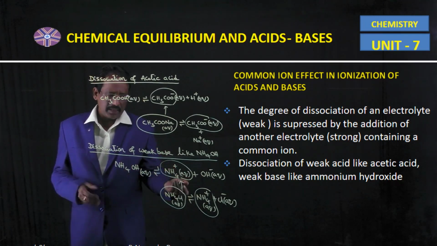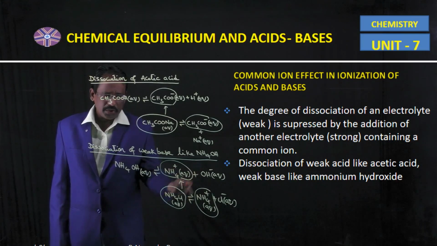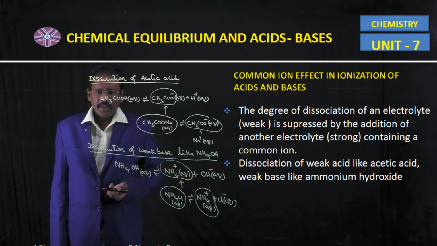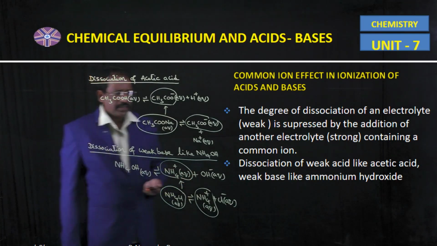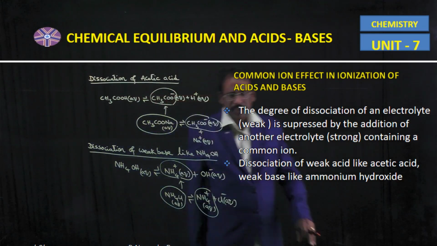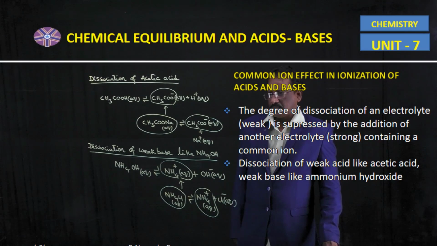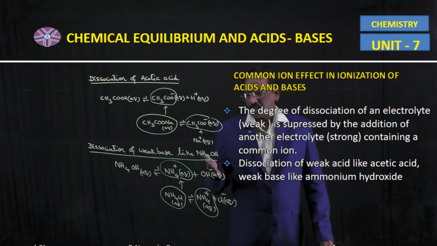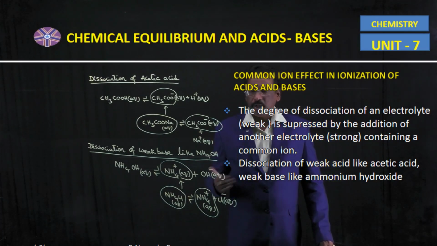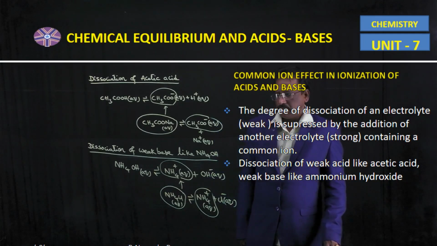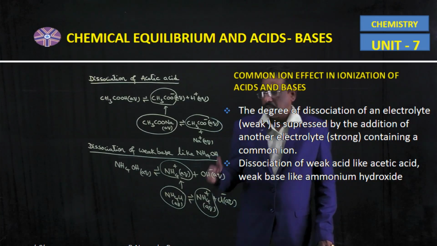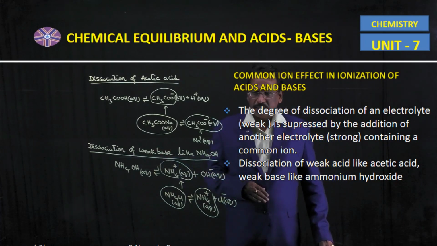Suppose you add caustic soda solution to this. Caustic soda acts as a very strong electrolyte because it is a strong base. It contains OH minus ions. In that case, the common ions are OH minus and OH minus. So in that case also, the backward reaction takes place.